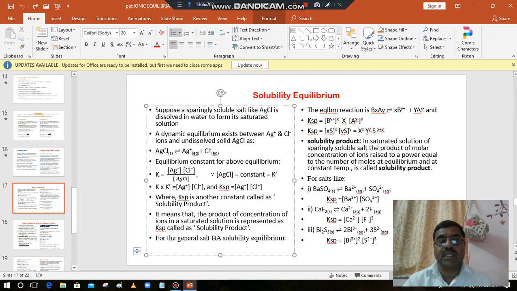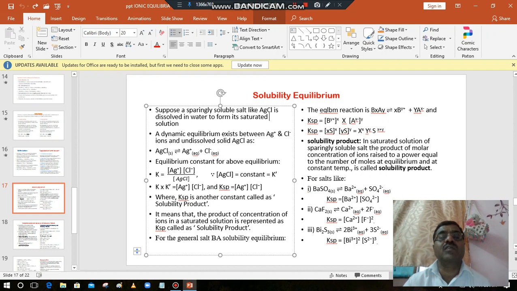A solution in which further dissolution of solute is not possible. It means that if you have prepared a solution of AgCl by adding some amount of AgCl, the substance dissolves, but a situation occurs when the substance, that is AgCl, does not dissolve in the solution. That solution is called a saturated solution.